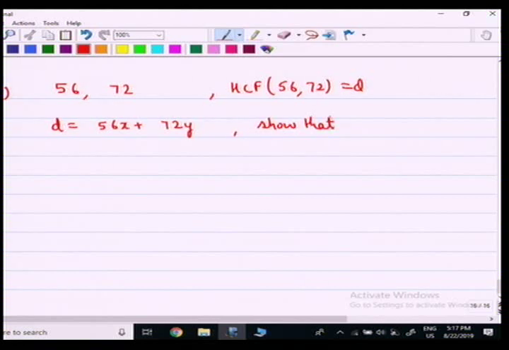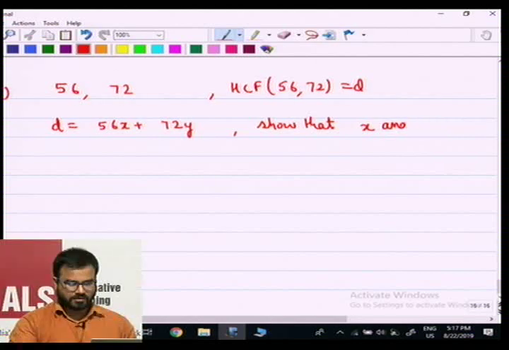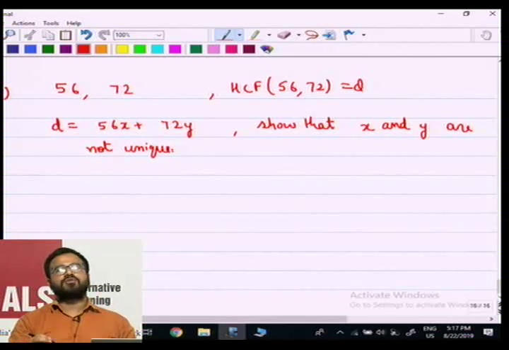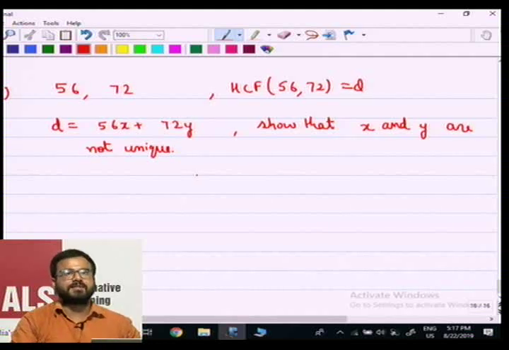Show that x and y are not unique. Showing that x and y are not unique means there can be some other set of x and y also which satisfy this relationship.